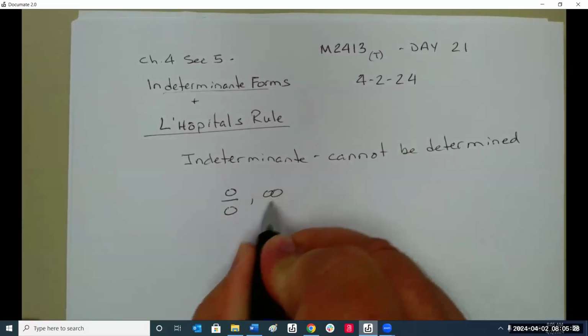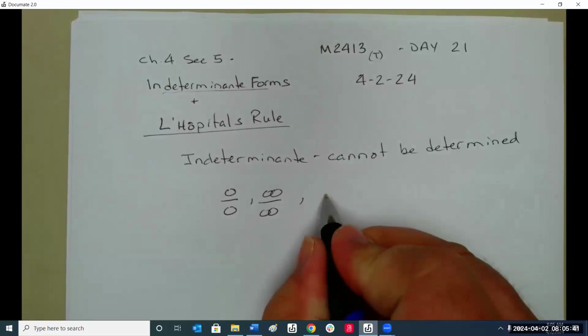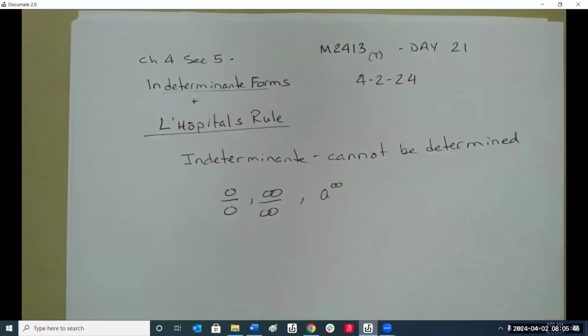Or another one, infinity over infinity. What is that? So these look like numbers, and even we have exponential ones, like a to the power infinity.